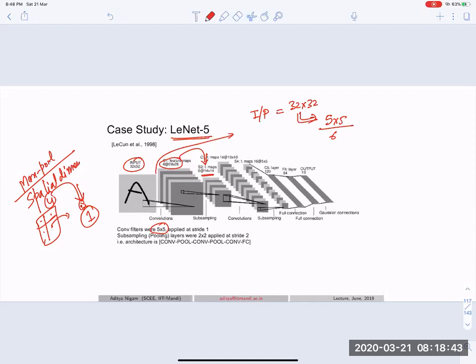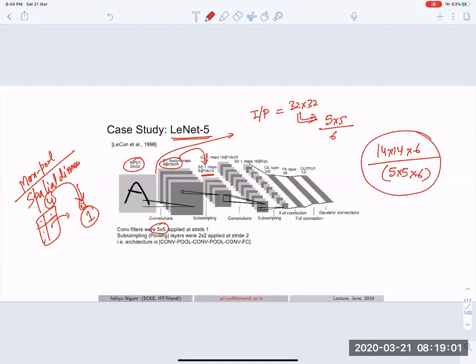And then we apply convolution again. Over 14 by 14 cross 6, if I apply a 5 by 5 filter, then it has to be 5 by 5 by 6.